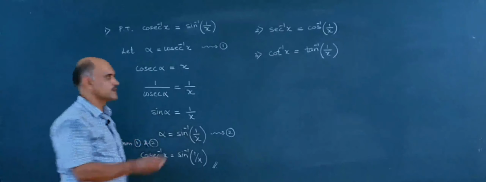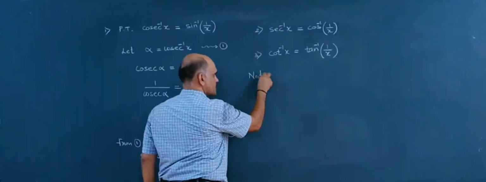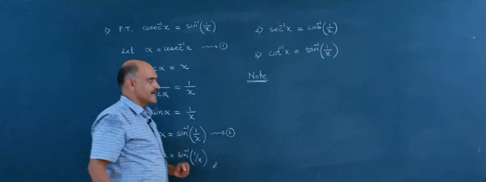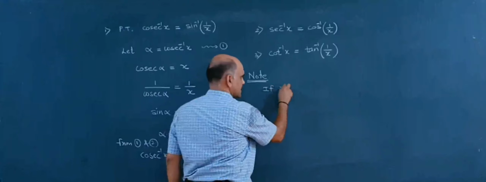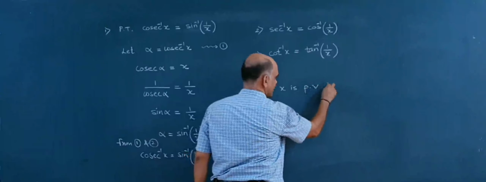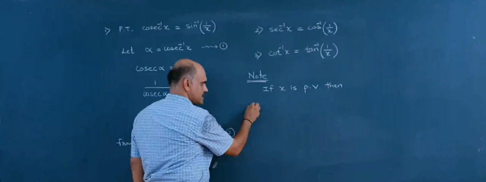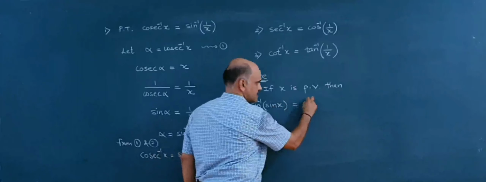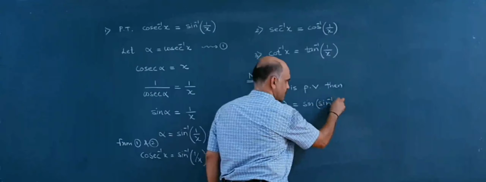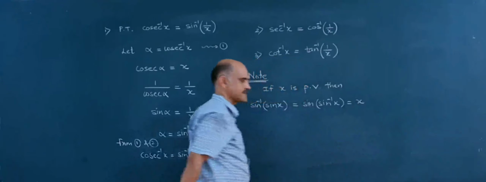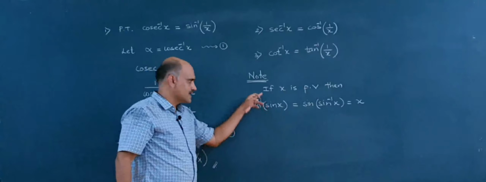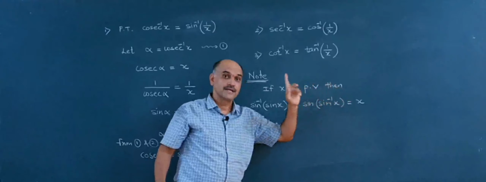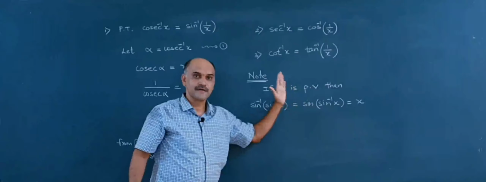Now one important point I will be telling, which you are required to take note of. If x is a principal value, then sin inverse of sin x or sin of sin inverse x will always be equal to x. So sin inverse of sin gets cancelled, or sin of sin inverse gets cancelled, and you will get x, but the condition is x should be a principal value.